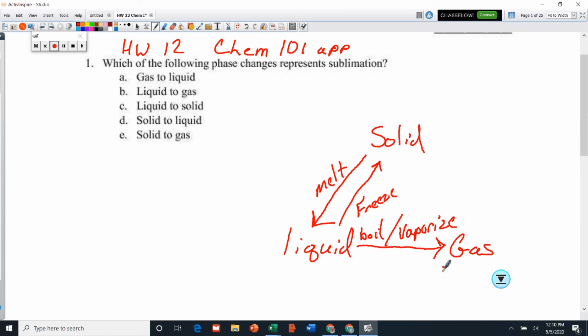If we go back from a gas to a liquid, it condenses. We can also make the jump from gas to solid, and that would be deposition.